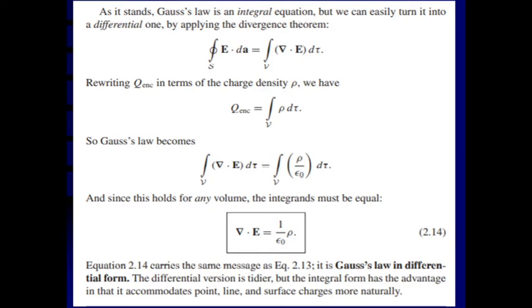So we get the volume integration of divergence of E d tau, that is equal to the volume integration of rho upon epsilon 0 d tau. The volume is the same in both cases, so it can be removed, and the integrands must be equal on both sides. So we can write divergence of E is equal to rho upon epsilon 0. This equation is nothing but Gauss's law in differential form.